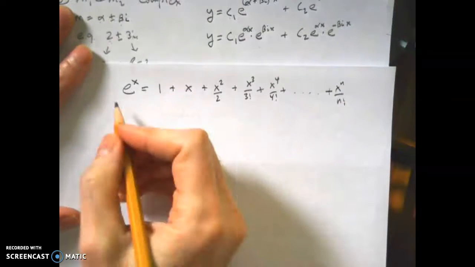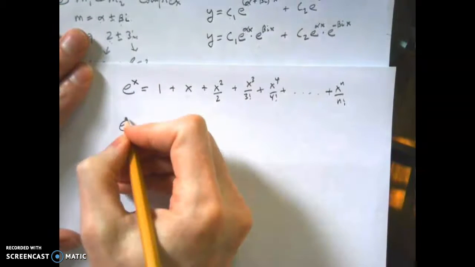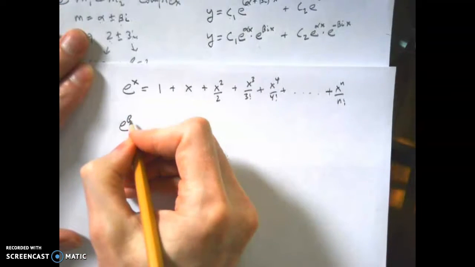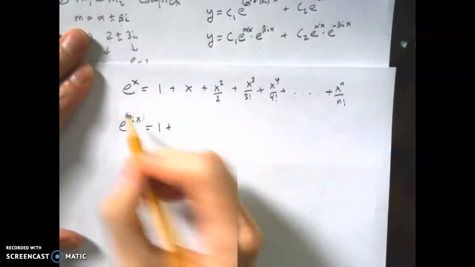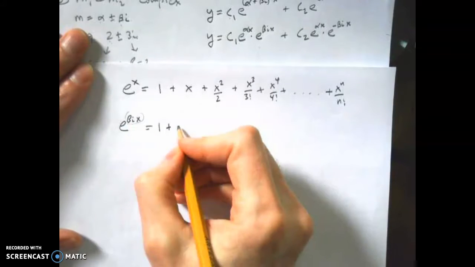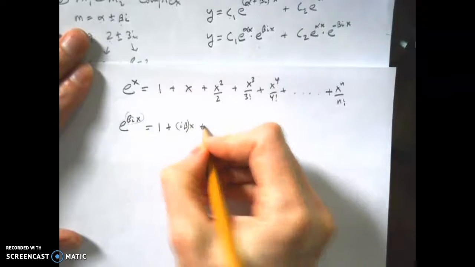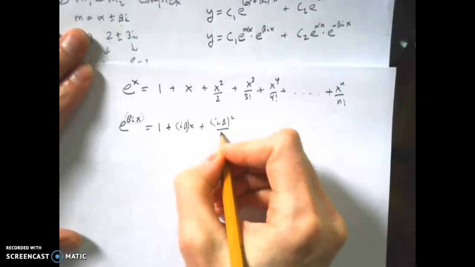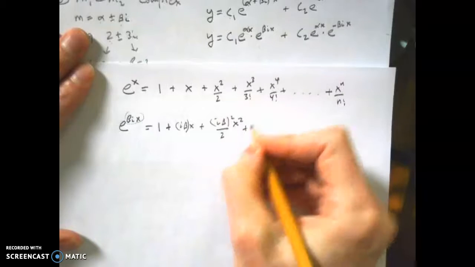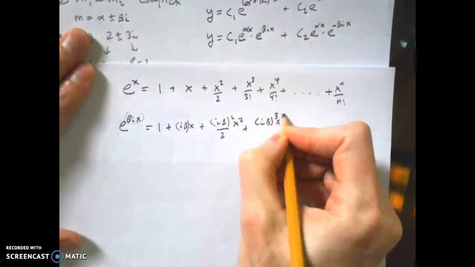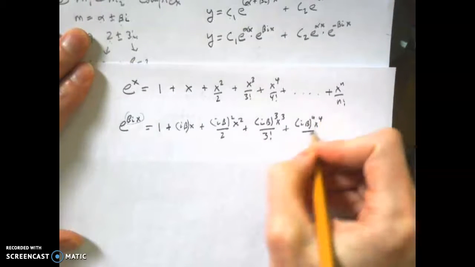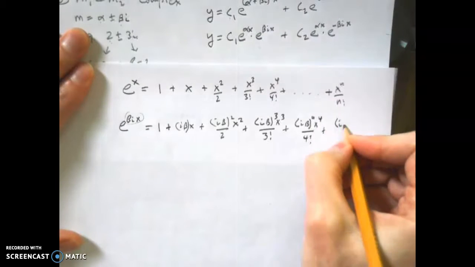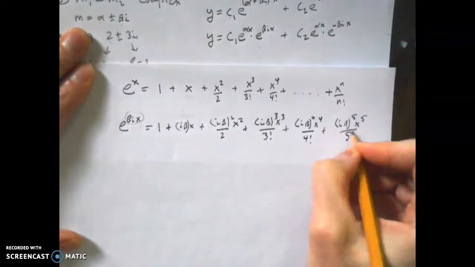Okay, so now when we have something like e to the beta ix, well that's going to be equal to 1 plus, and then instead of being x, remember this thing is that entire exponent, so I'm going to call it i beta x, and then plus (i beta x) squared over 2, so plus (i beta x) cubed over 3 factorial plus (i beta x) to the 4th over 4 factorial plus (i beta x) to the 5th over 5 factorial plus dot dot dot.